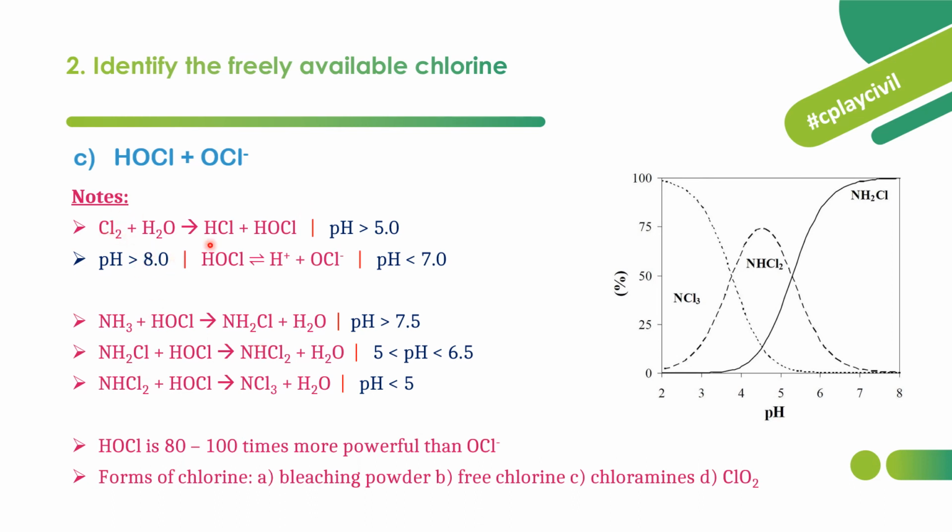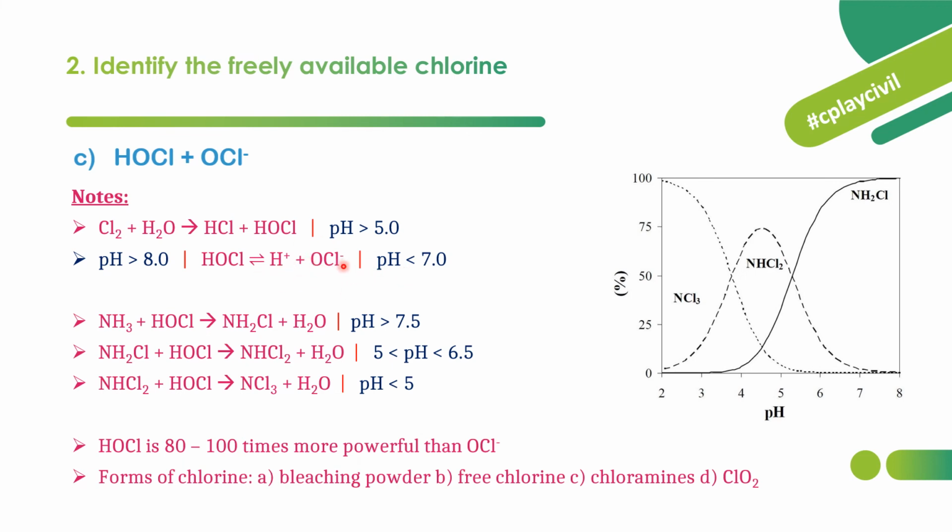Let's see the important equations that are followed in chlorination. When chlorine reacts with water, it will form HCl and HOCl, hydrochloric acid and hypochlorous acid. This reaction will happen only when the pH is greater than 5. And when pH is greater than 8, this hypochlorous acid, HOCl, will disintegrate into H plus, the hydrogen ion, and OCl minus, the hypochlorite ion.